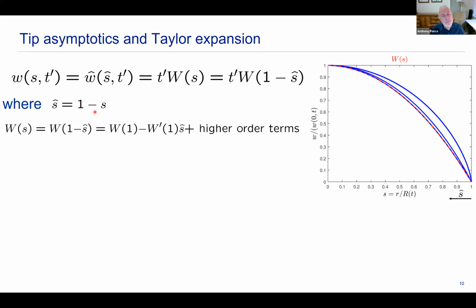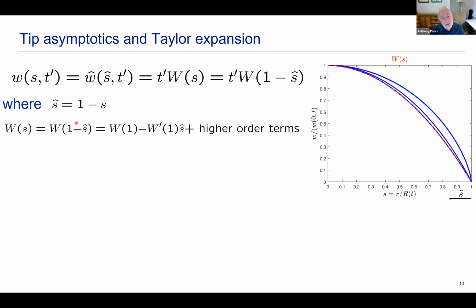S hat equals 1 minus S. So S hat starts off at 0 at the tip and moves back to 1 at the well bore. Okay, so we've got T because alpha was equal to 1, T prime there. And so now we're just looking for the functional form of this.